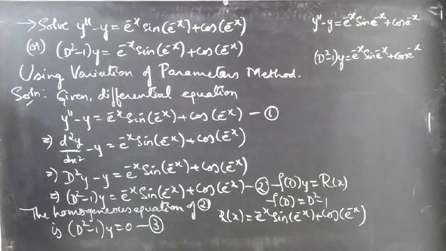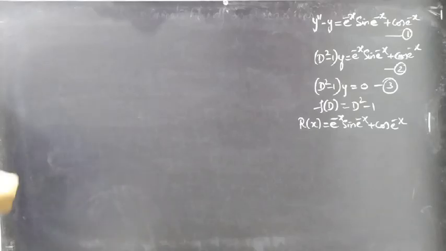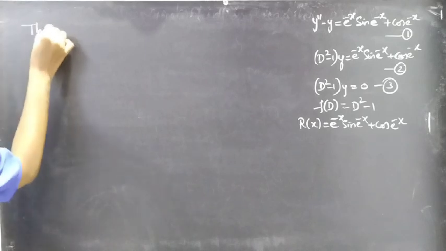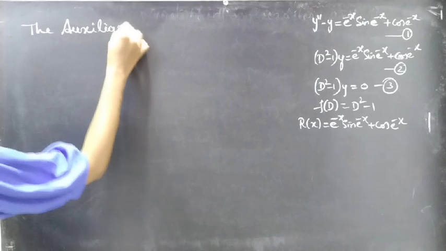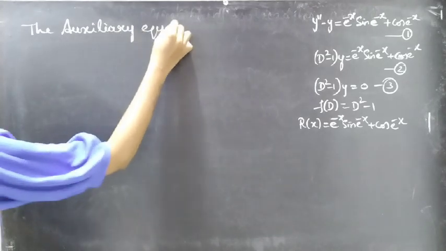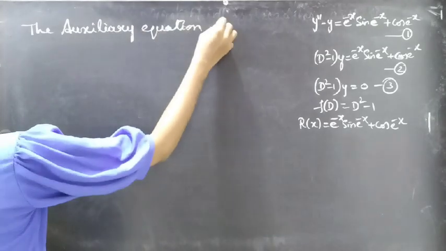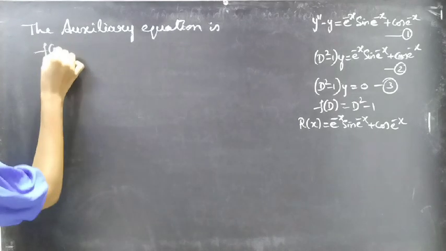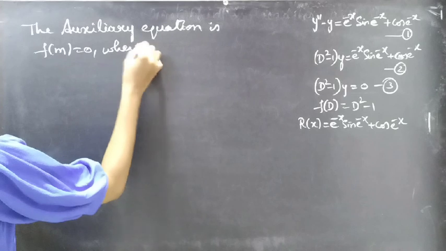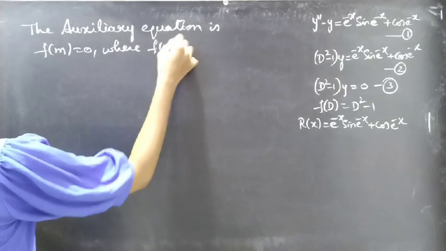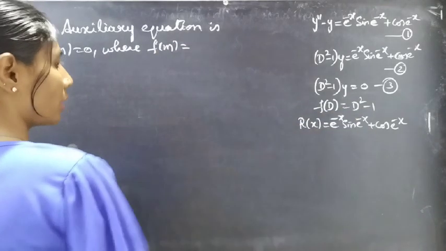Now coming to the auxiliary equation. The auxiliary equation is f of m equal to 0, where f of D is D square minus 1, right?